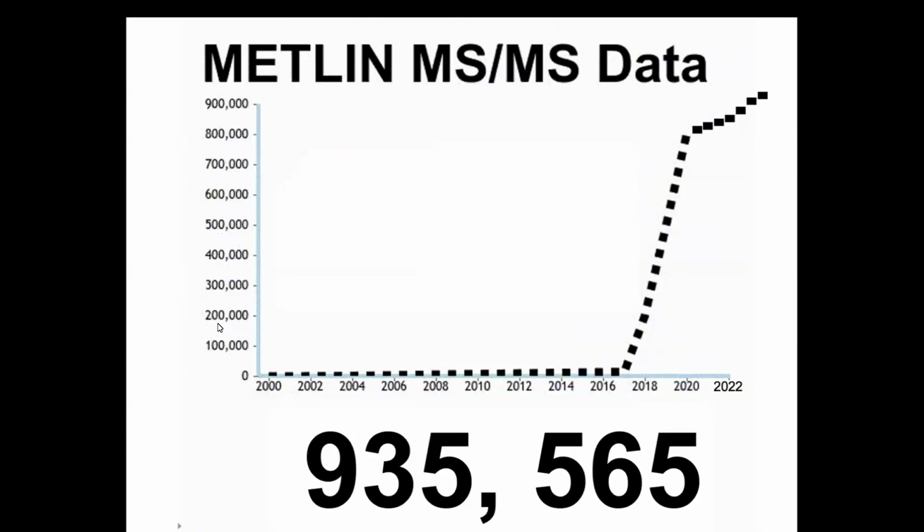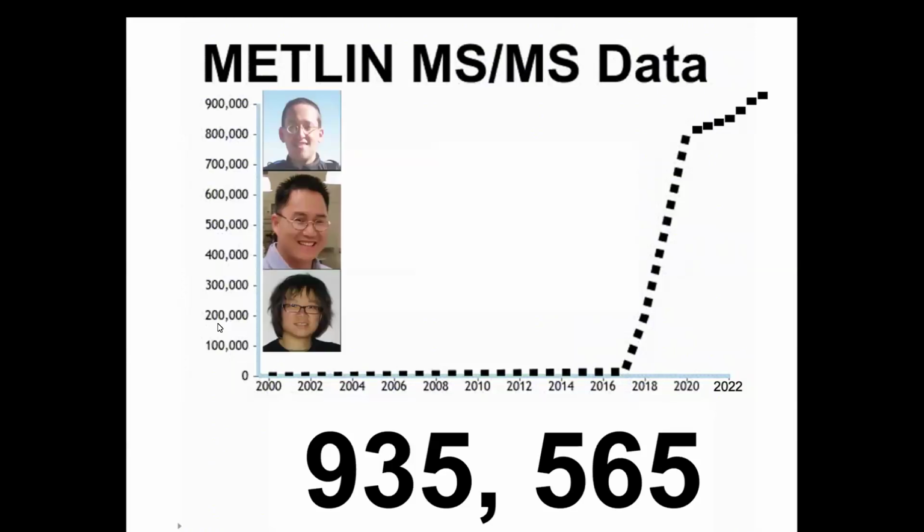Hi everyone, this is Winnie. So a little bit of history of Metlin. At the beginning, Ted Brondan, Johnny Pond, and Sean Quinn added Metlin entries manually one by one.